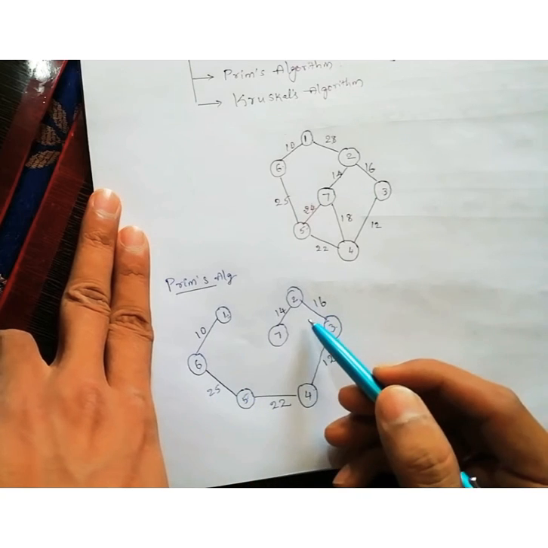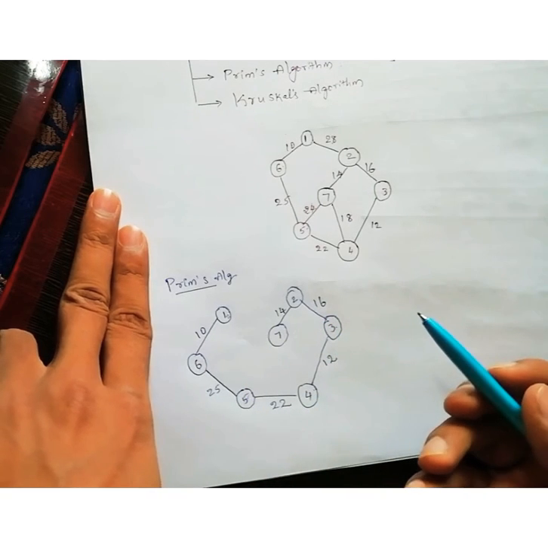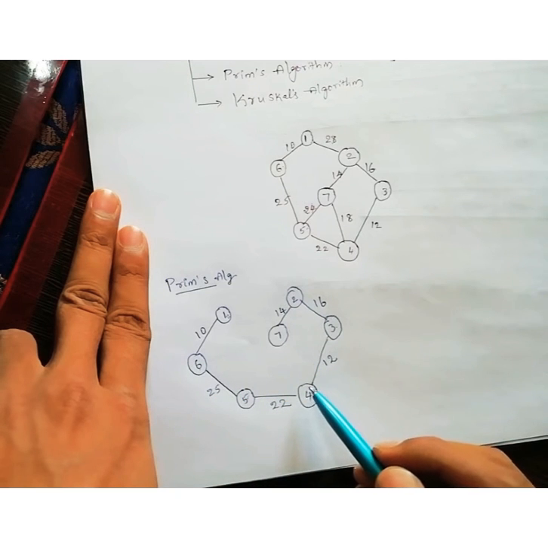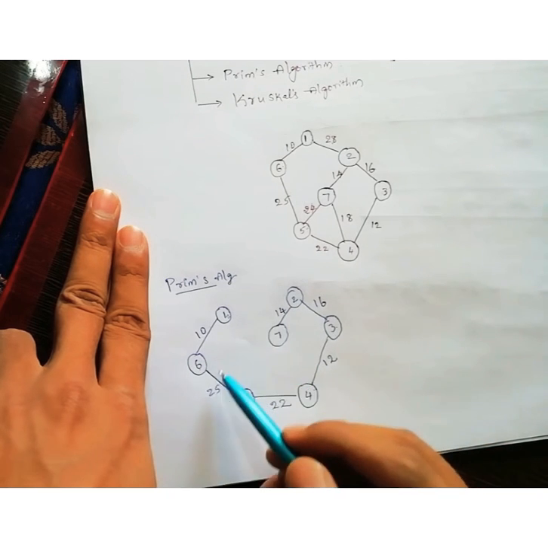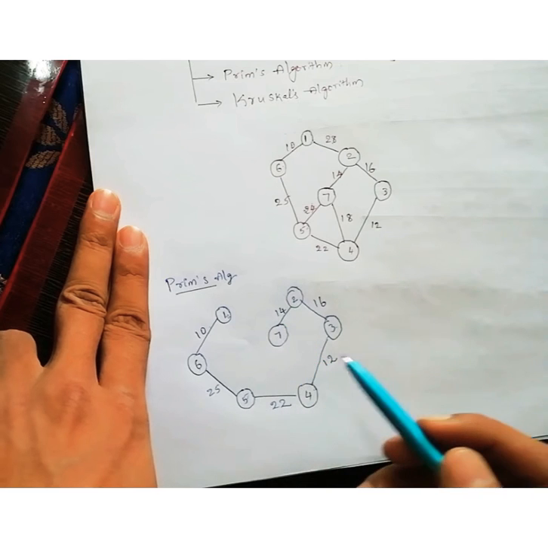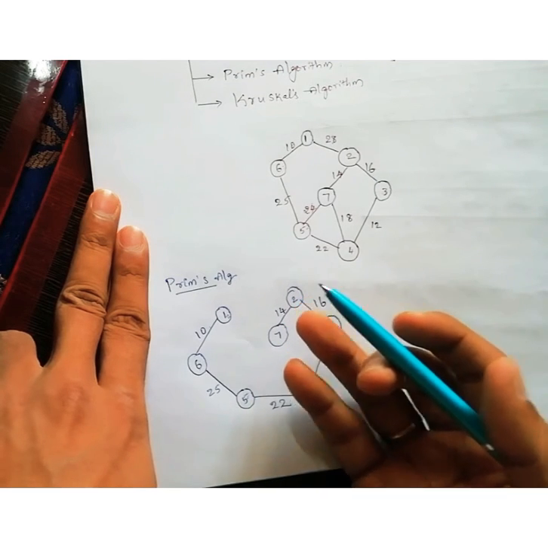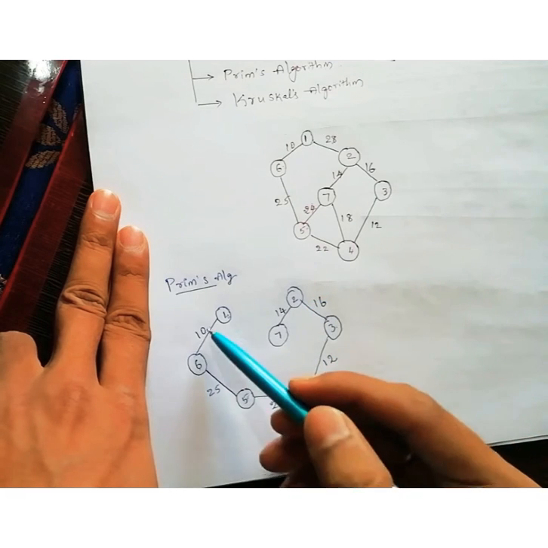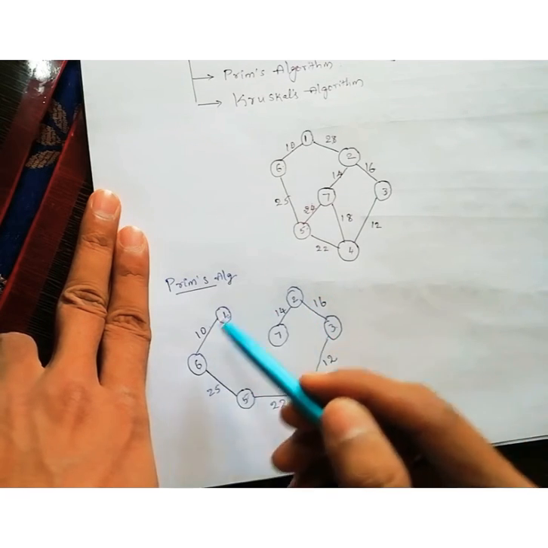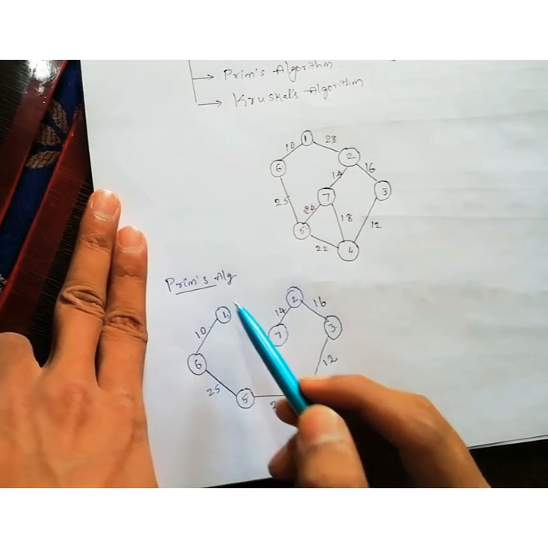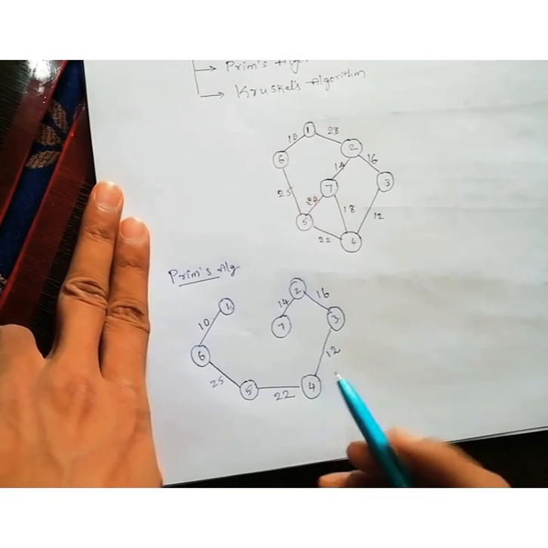All vertices came and minimum cost edges came. 1, 2, 3, 4, 5, 6, 7 vertices. 1, 2, 3, 4, 5, 6, 6 edges. With n vertices, n minus 1 edges, we call it a spanning tree, and with the least cost. This is the minimum cost spanning tree by using Prim's algorithm. And what is the total cost of this tree?